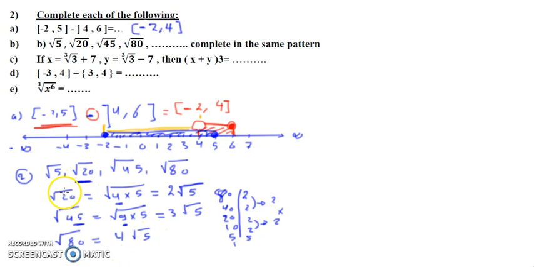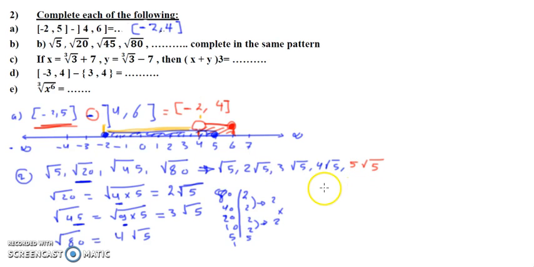So we can write the pattern: square root of 5, 2 square root of 5, 3 square root of 5, 4 square root of 5, and the next will be 5 square root of 5.